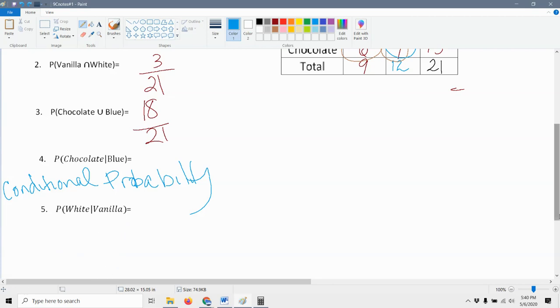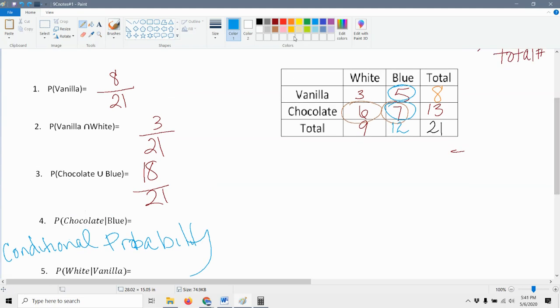Well, what does that look like when we look at the table? Well, if we're only looking at the vanilla category, that means we can only consider this data. We have to completely ignore everything else. We can't think about any of those other numbers. And guys, I often tell students, just cover up the other numbers. These will confuse you. Don't look at them. We're only going to consider vanilla numbers.